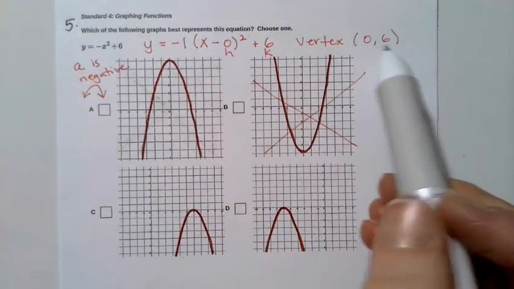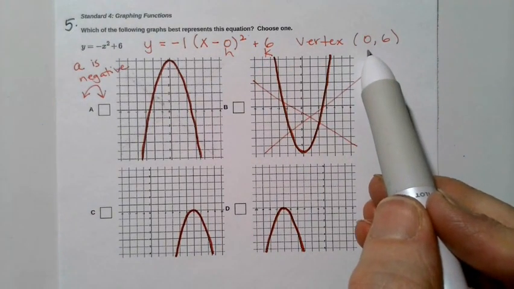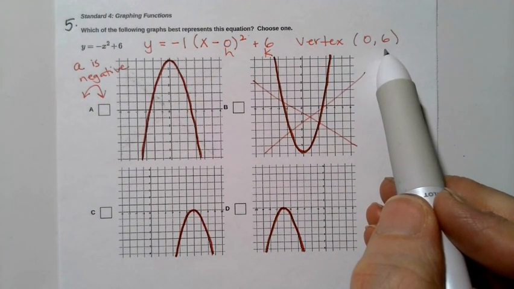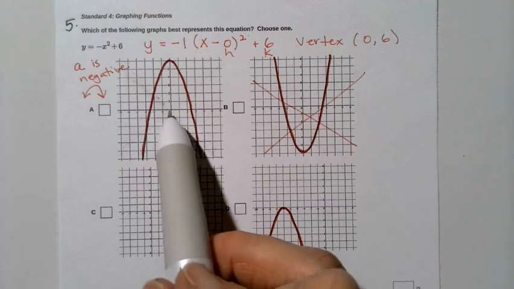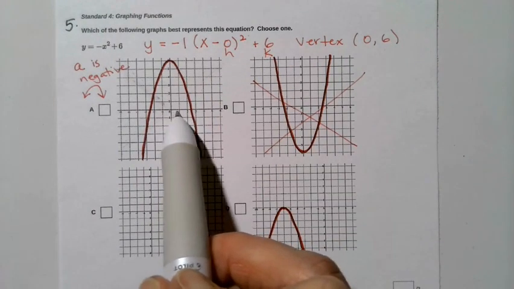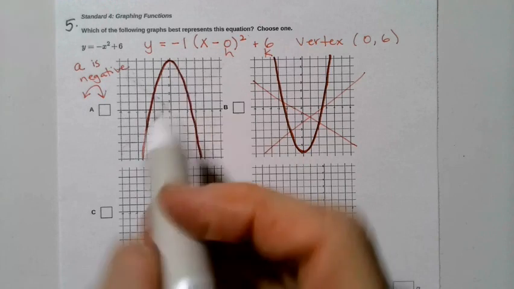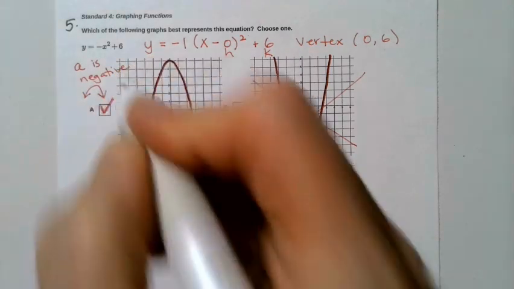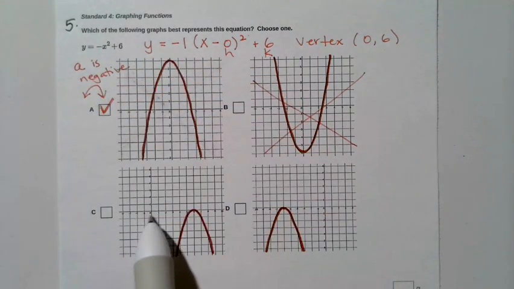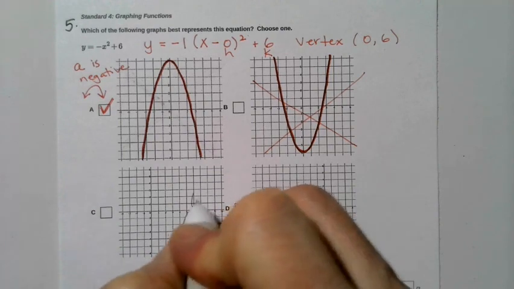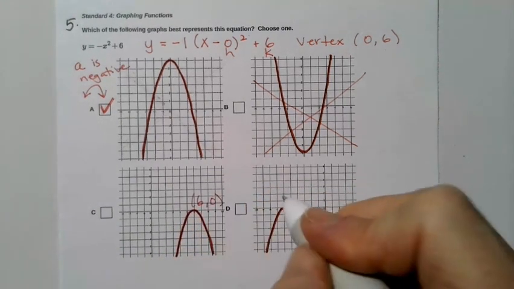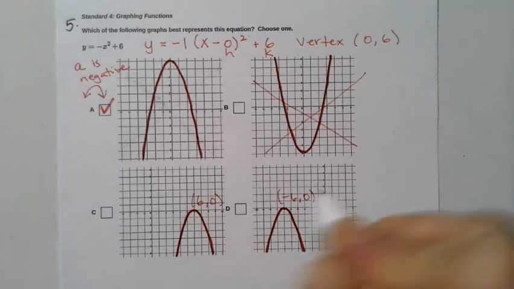Now I need to look at my graph and see where the point (0, 6) is for a turning point. (0, 6) means it's not going left or right at all, it's going up 6. So this right here would be my choice. If I look at this one right here, this is (6, 0). And this one over here is (−6, 0).